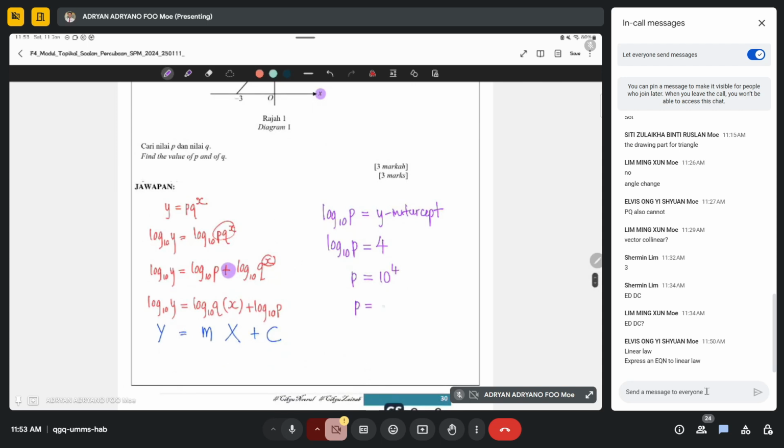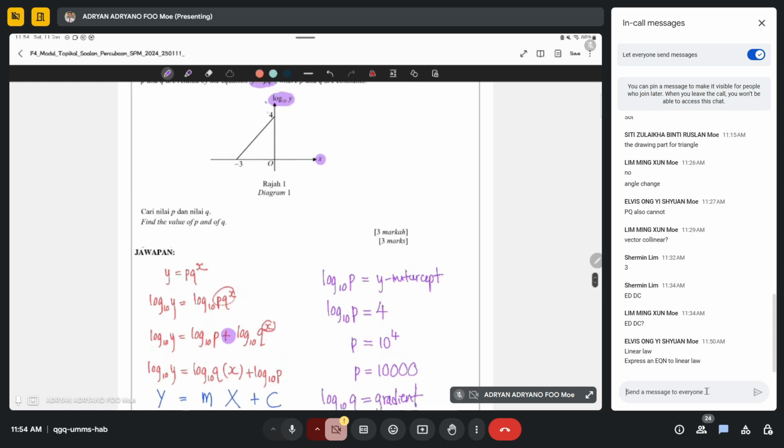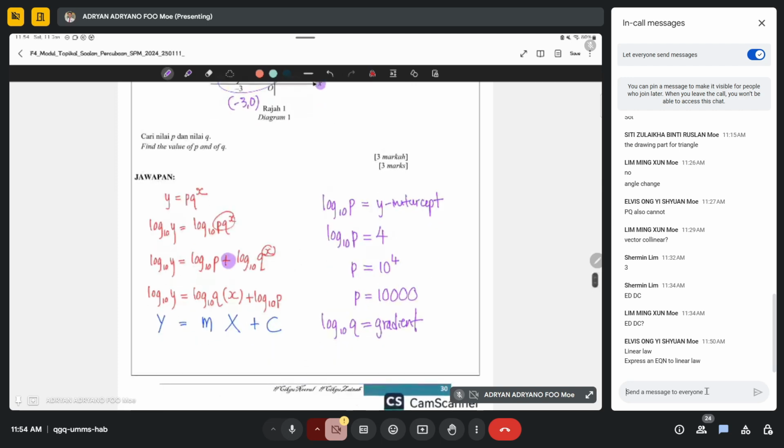Then your answer is 10000. Then how do you find q? I know log 10 q equals the gradient. So how do you find the gradient? You have 0, 4 and negative 3, 0. Find the gradient, then it equals log 10 q. Then you get the answer. This is how you express an equation in linear law.